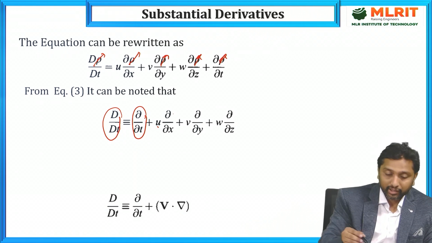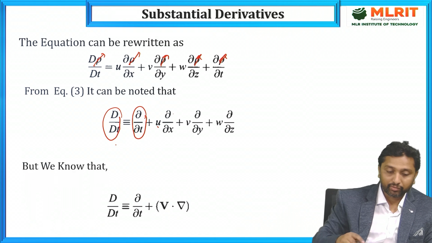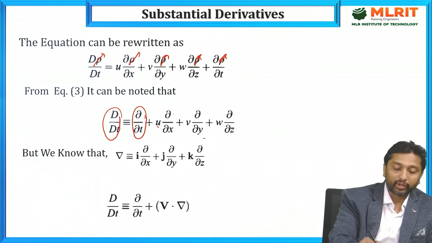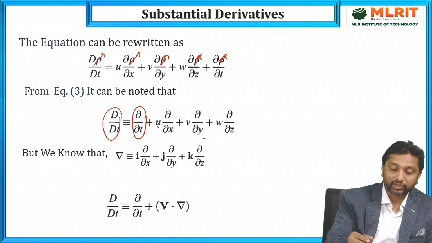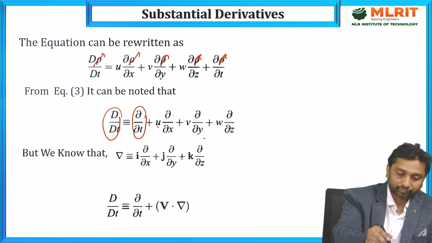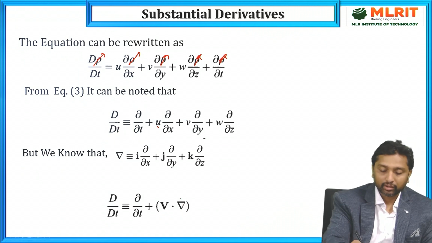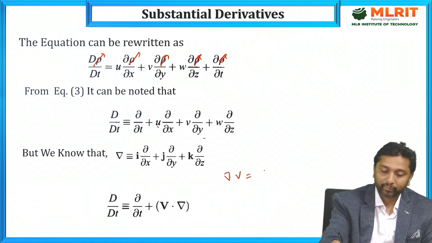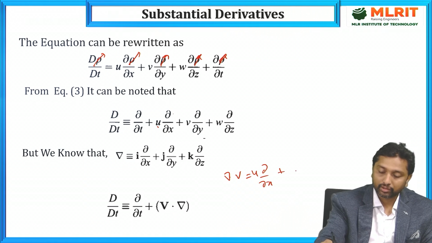So you can write the substantial derivative as d by dt equals dou by dou t plus v into divergence of v, where v dot nabla is u dou by dou x plus v dou by dou y plus w dou by dou z.